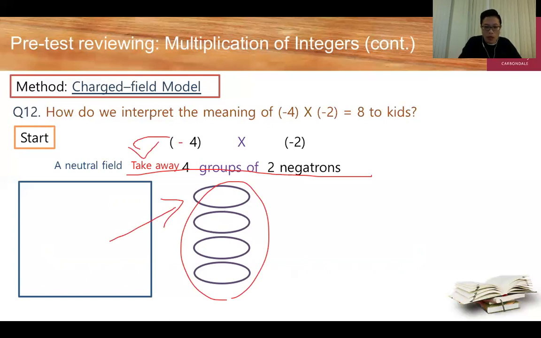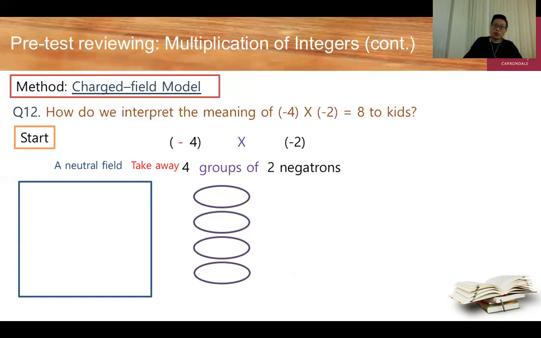Okay. However, you see that we don't have anything to take away, right? So here we can apply the invisible pair rule, okay? Because we have to take away 4 groups of 2 neutrons, that means I will need at least 8 neutrons in the field, right?